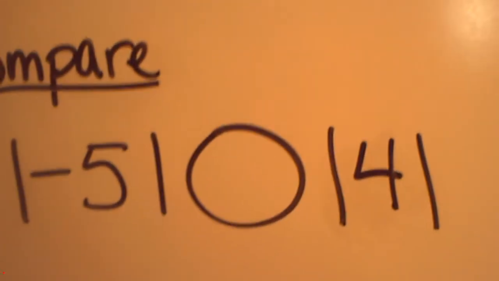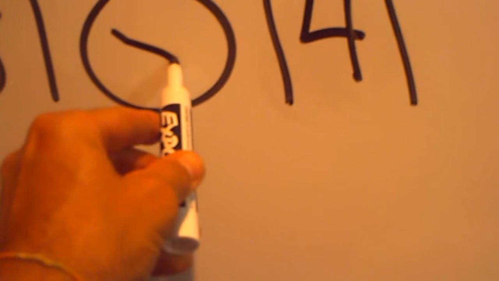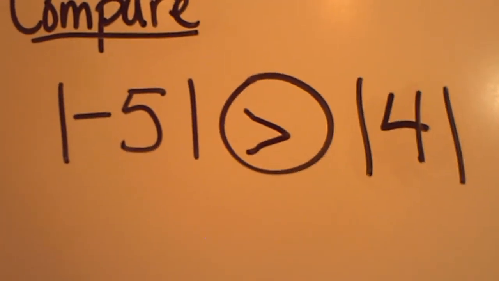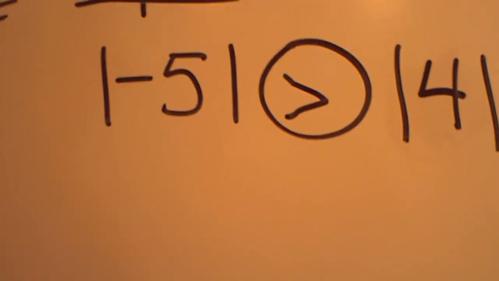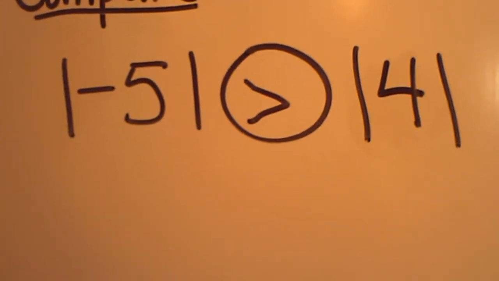So we would say that the absolute value of negative 5 is greater than the absolute value of positive 4, because it's 5 units from 0 on the number line, and the absolute value of 4 is only 4 units from 0 on the number line.